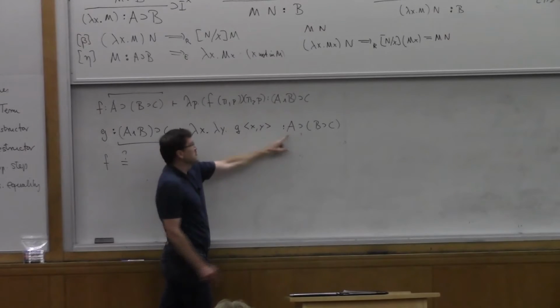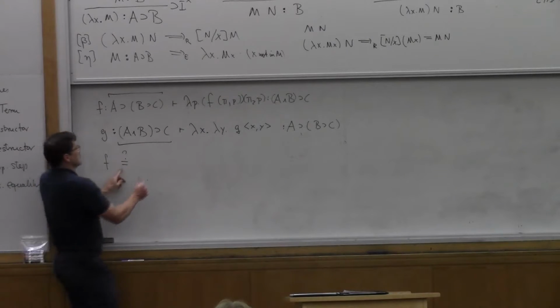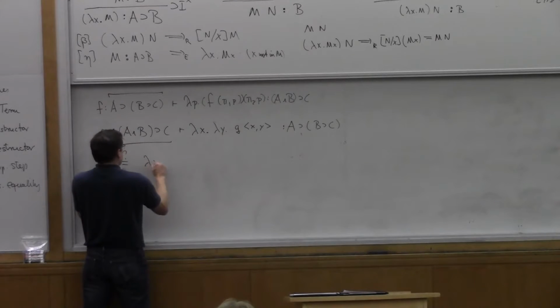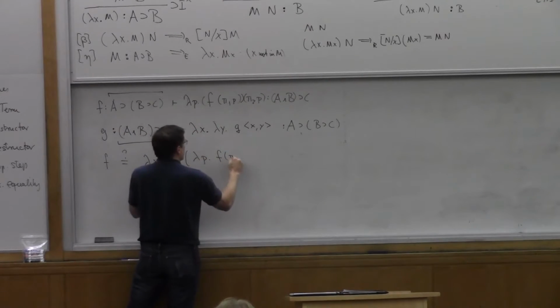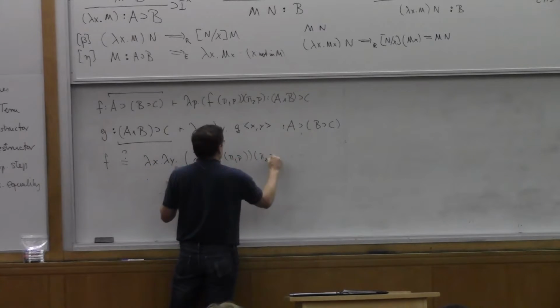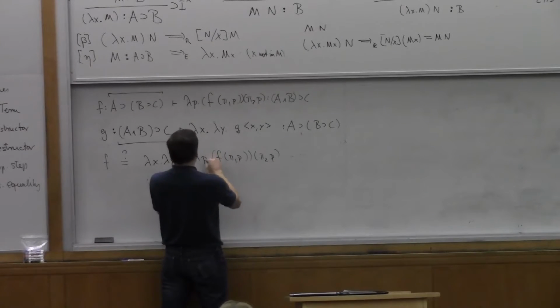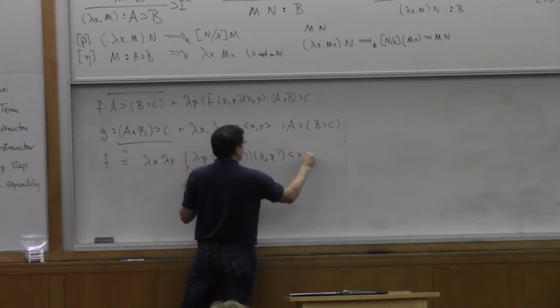We do it by substitution because the meaning of hypothetical judgment is substitution. So what does a substitution do? This proof here is going to be lambda x, lambda y. Then for G, I substitute this term, lambda p, f of pi 1 of p applied to pi 2 of p. This whole thing, this lambda p, applied to the pair x, y.